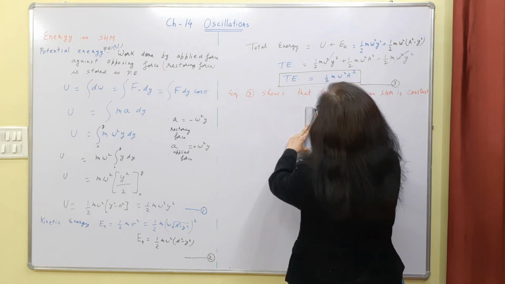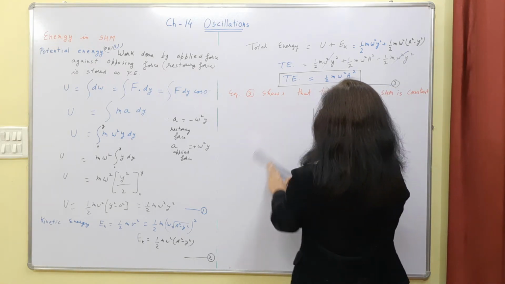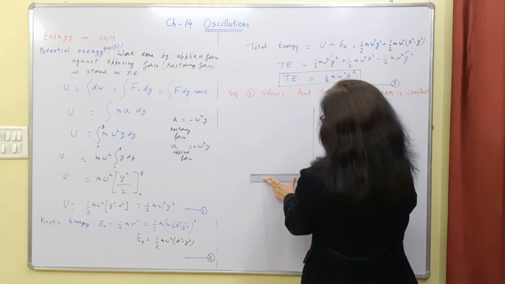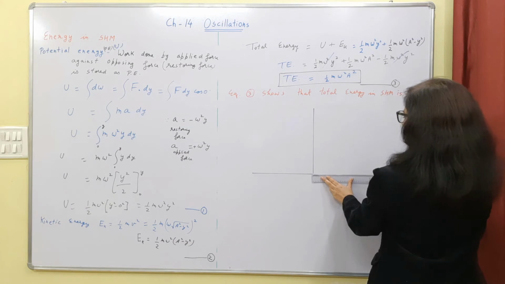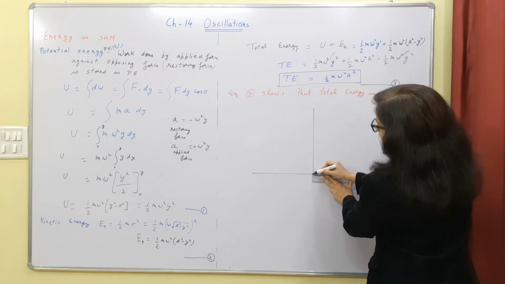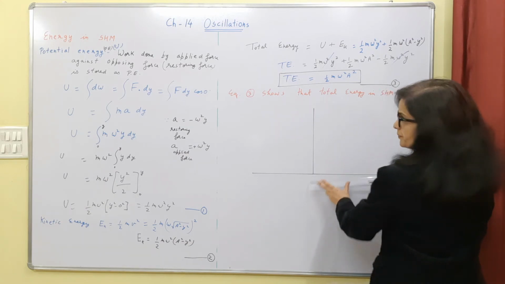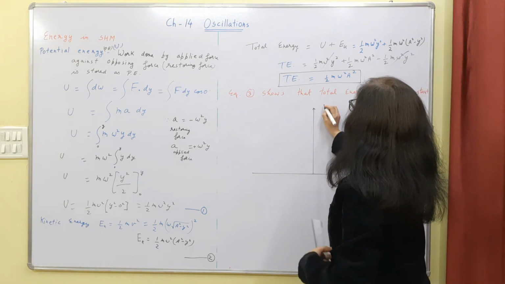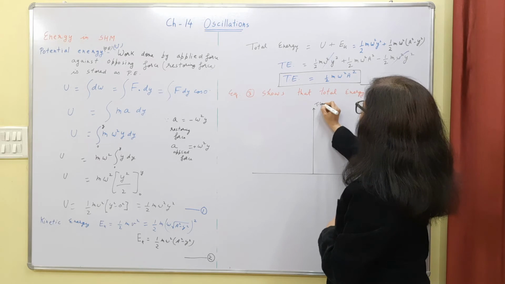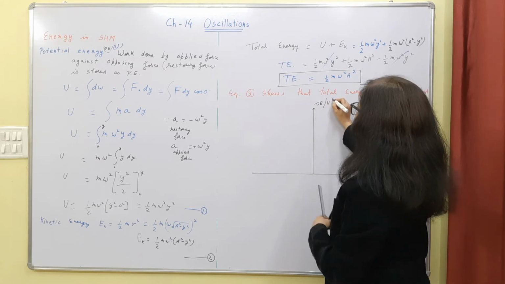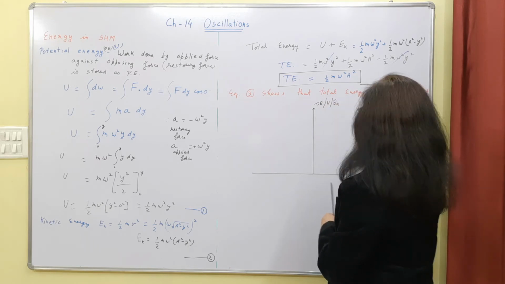Now we can plot the graph for showing this variation of the total energy, potential energy and the kinetic energy. So you have already drawn this graph in chapter 6. We had drawn it for spring, and we will prove later on that the motion of a spring is simple harmonic motion. So here on the same axis, this y axis, we are plotting total energy, potential energy and kinetic energy.